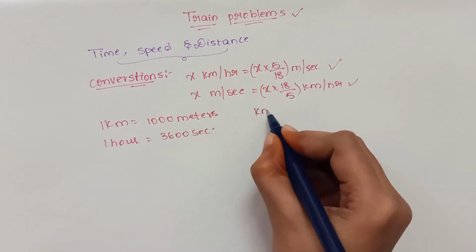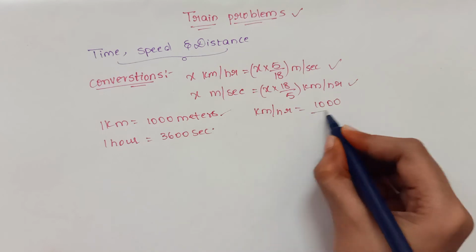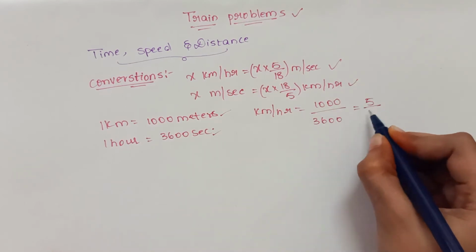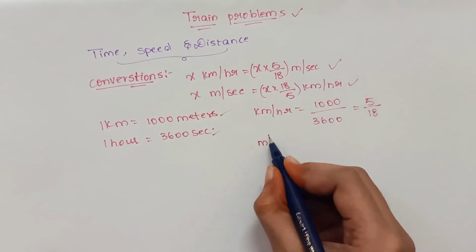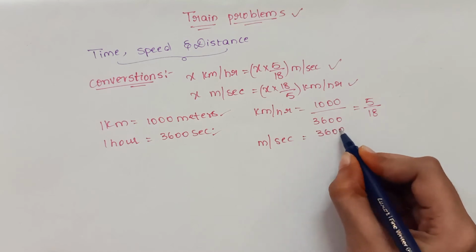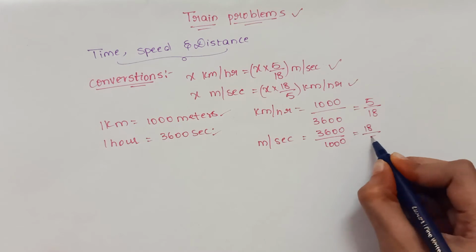Now substitute in kilometer per hour: 1000 by 3600. If you calculate, we'll get 5 by 18. Now meter per second is the reciprocal, 3600 by 1000, which is equal to 18 by 5.